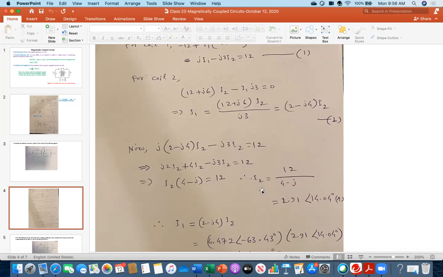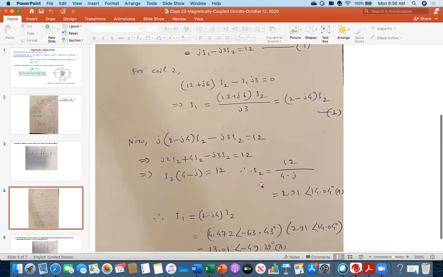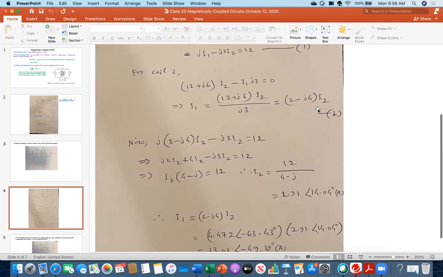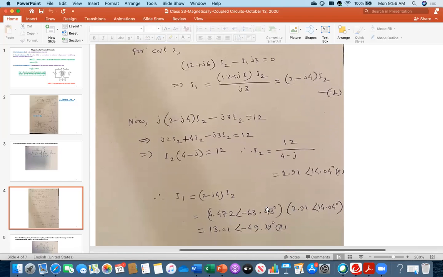And also I got the I2, then plug the I2 value here in the I1 equation, this one. And then you convert into polar form. Yes, I converted to polar form. And then multiplication, this multiplied by this one, and the angle will be added, minus this.